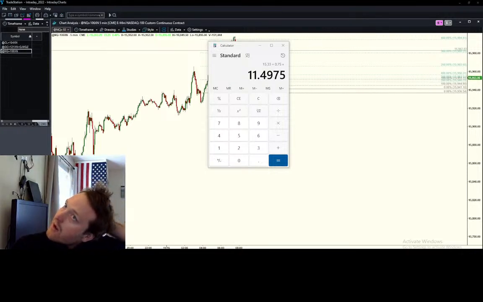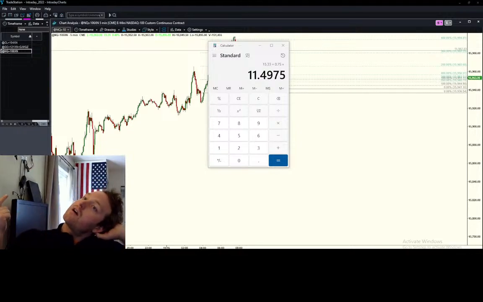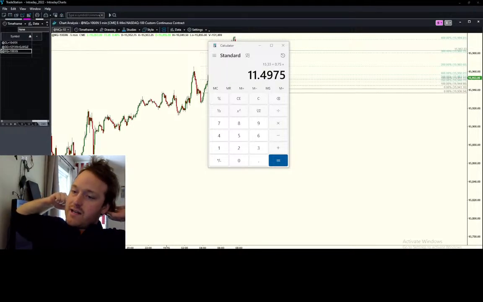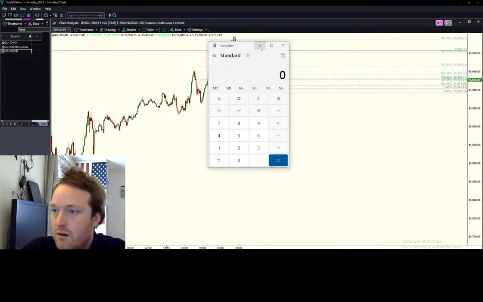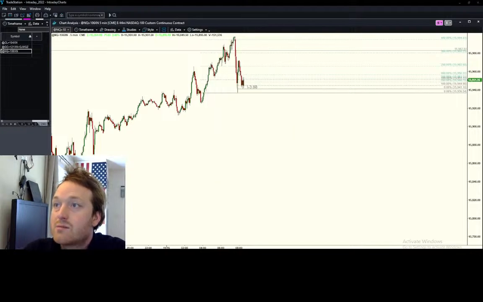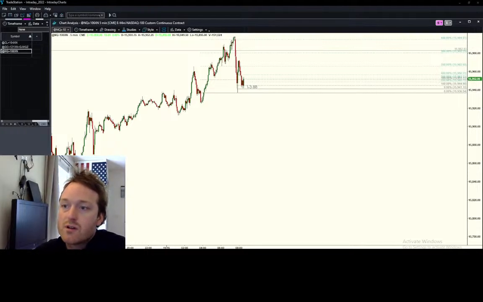So 11.5, 12, 13.5 plus 0.5. So 14. I'm risking 14 apples on this long trade, for a possible reward of 60 or possible reward of 70. Holy crap. So 14 apples for a possible reward of 70.